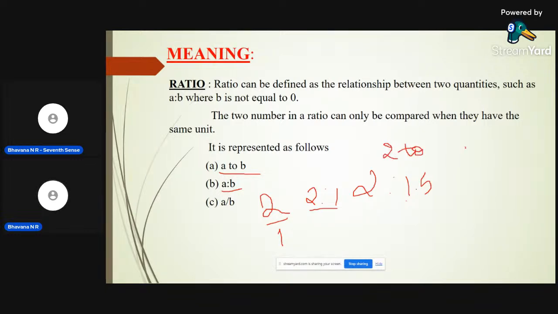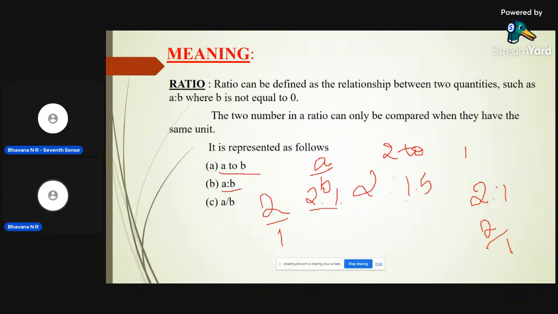So 2 to 1 we also write in ratio format as 2:1, which means 2/1. For A and B, how are we writing it? It's A by B. This is the ratio format.